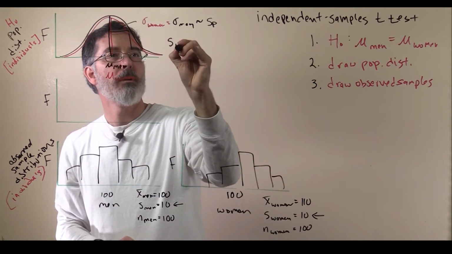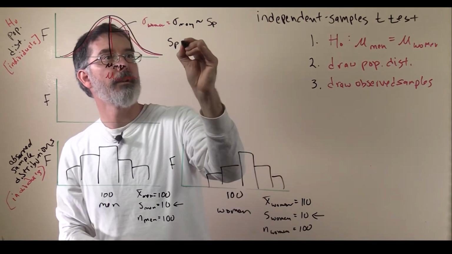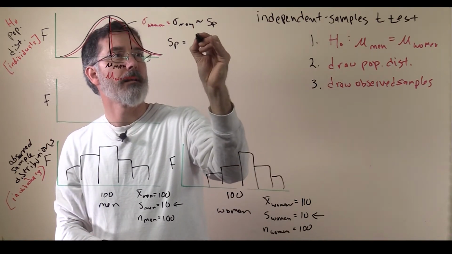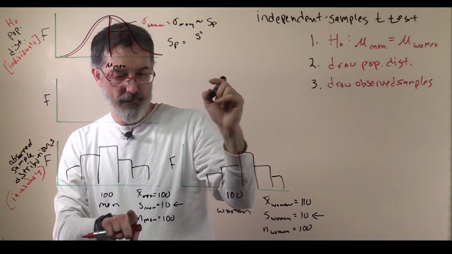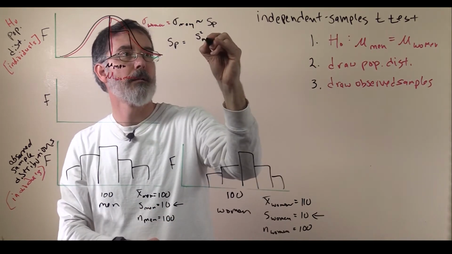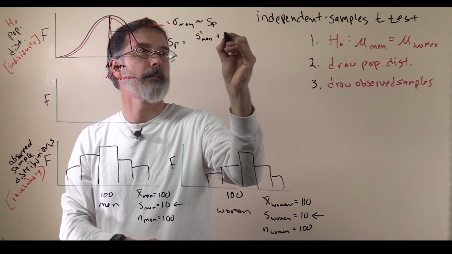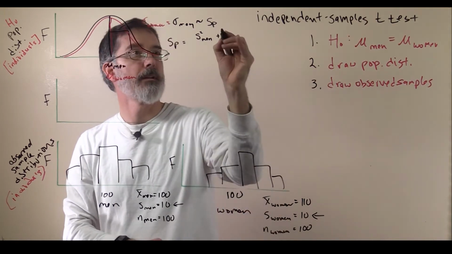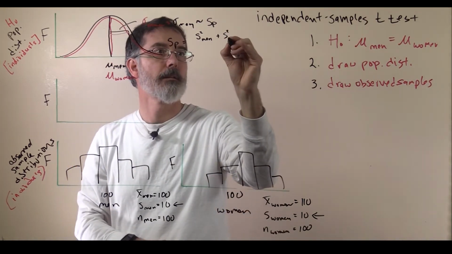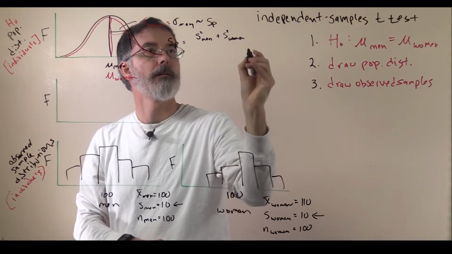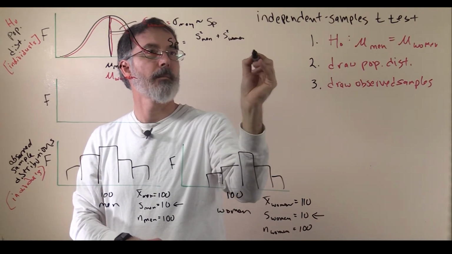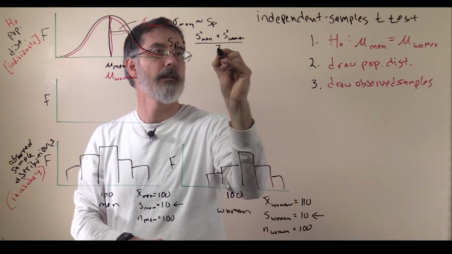And to pool these 2, the formula is to take the standard deviation for men and square it, add that to the standard deviation for women squared, so the variances, add them together, and then divide by 2.